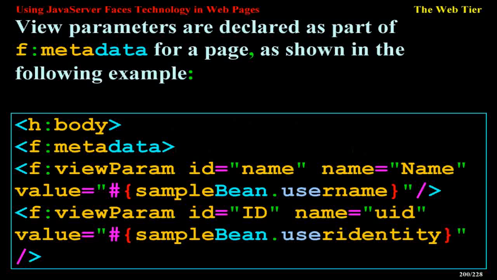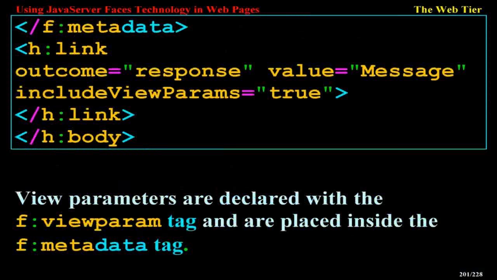View parameters are declared as part of f:metadata for a page, as shown in the following example. h:body, f:metadata, f:viewParam name="Name" value="#{sampleBean.username}", f:viewParam name="UID" value="#{sampleBean.userid}", /f:metadata, h:link outcome="response" value="Message" includeViewParams="true", /h:link, /h:body.